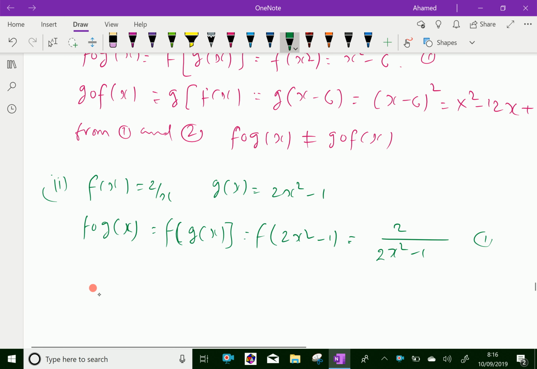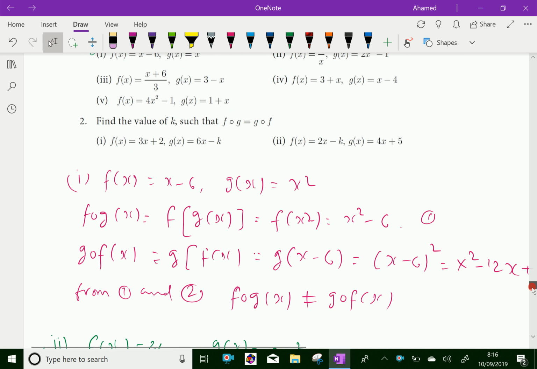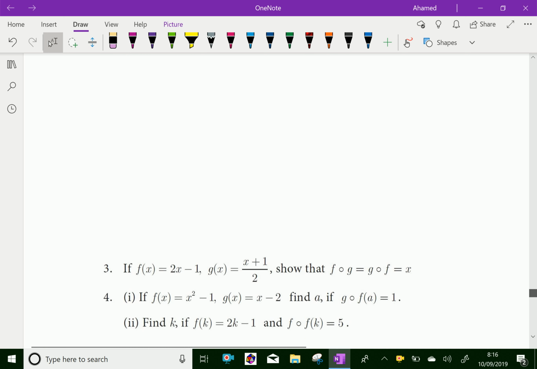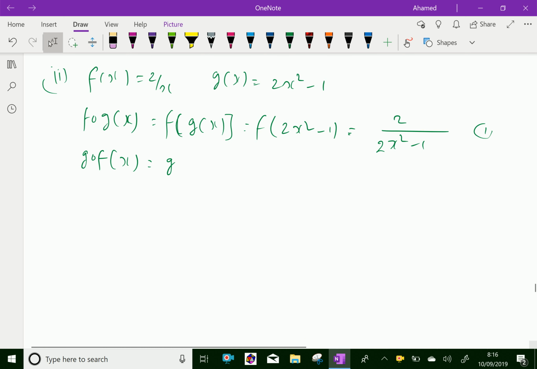Now gof x equals g of f of x. That is g of f of x, where f of x is 2 over x.